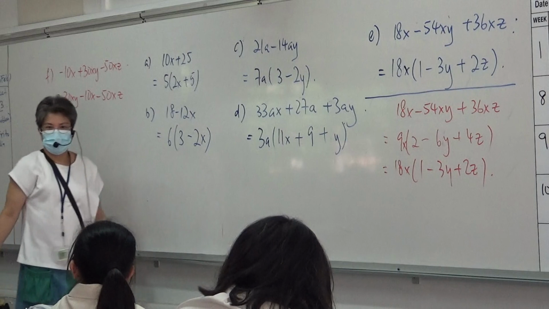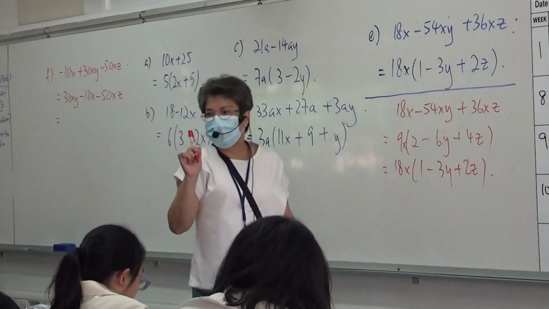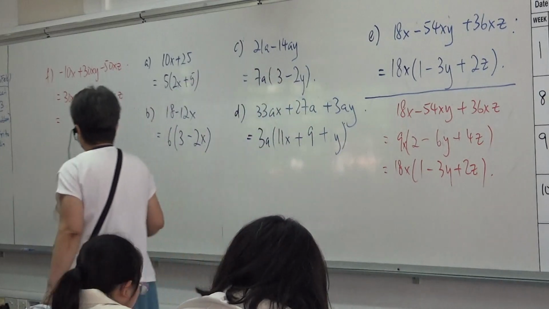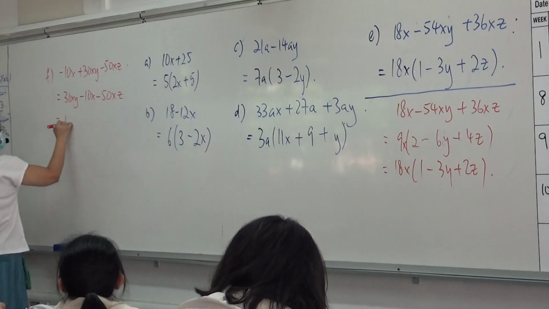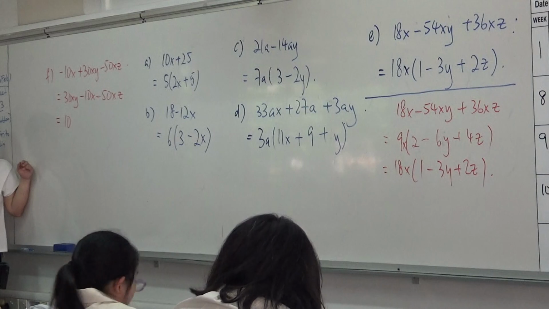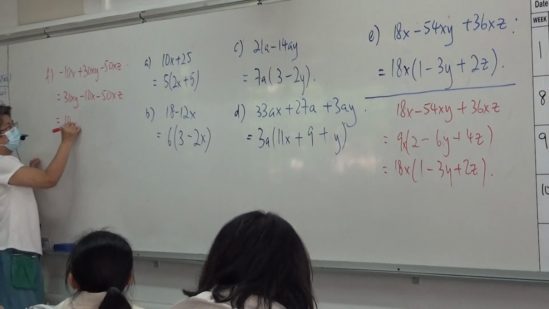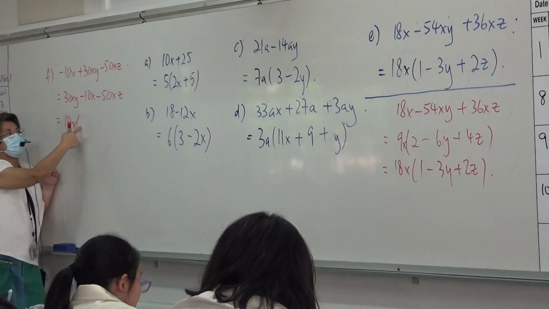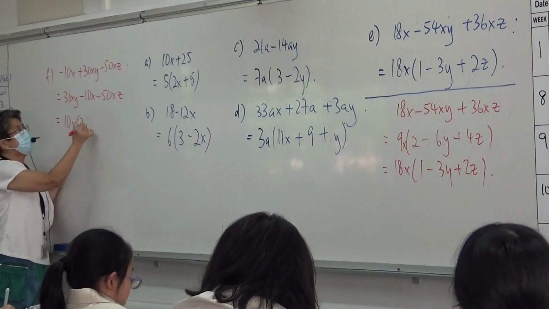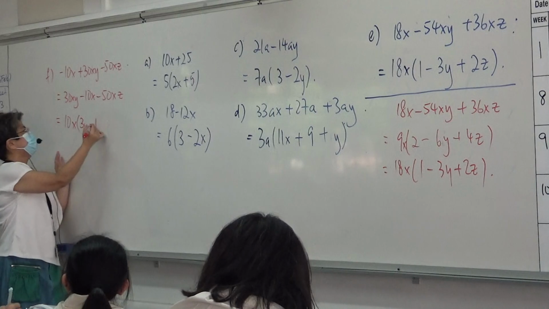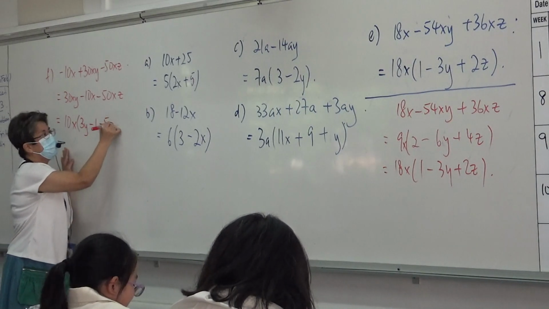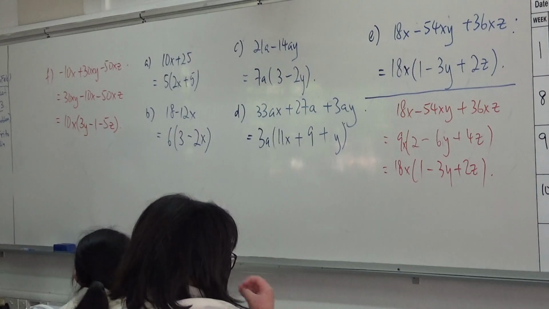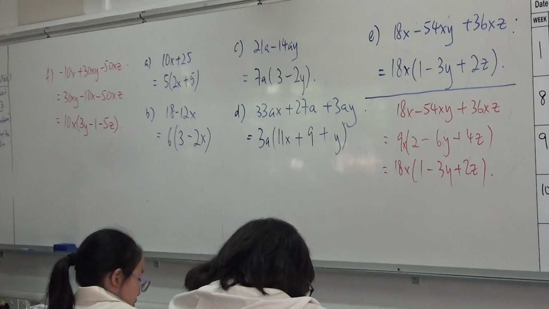What is the maximum number I can take out? 10. Very good. What is the letter that I can take out? X. What is left here? First one, 3y. Then minus 1, then minus 5z. Are you better now?